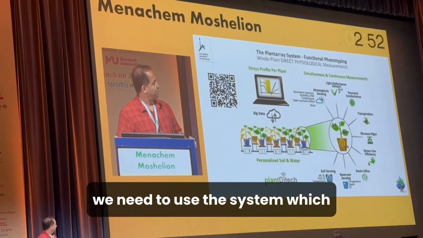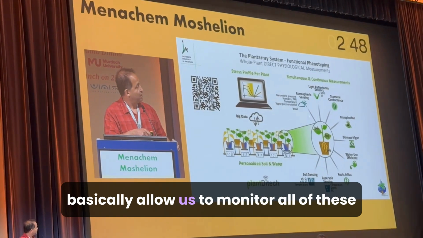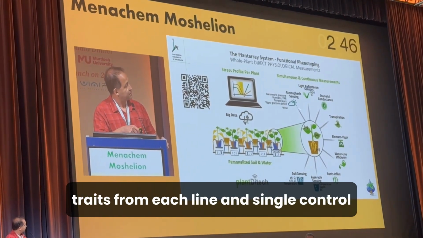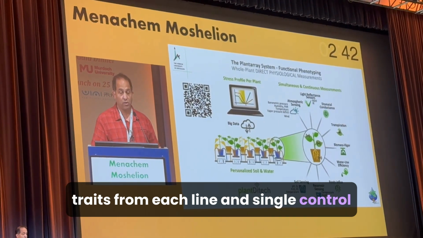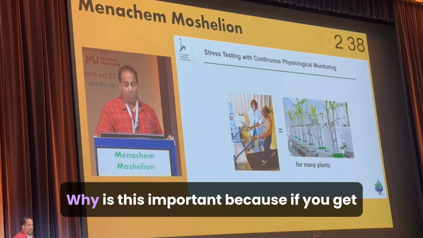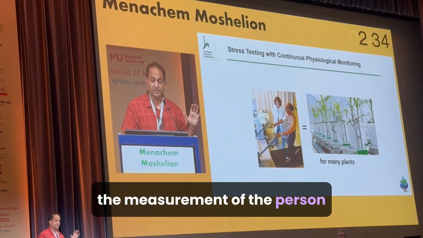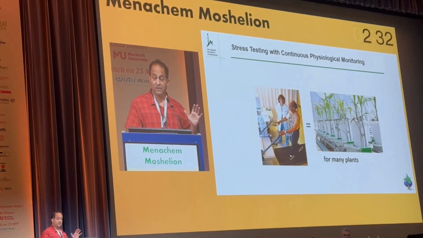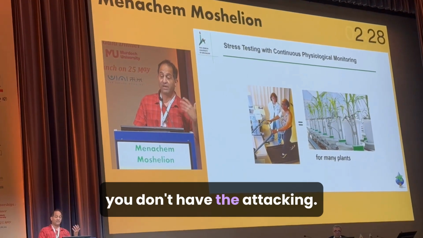What we did, we used the planetary system, which basically allowed us to monitor all of these traits for each line and simultaneously control the irrigation and nutrient treatment. Why is this important? Because if you take the physiological measurement of a person, it doesn't work as much for AI because you don't have the tagging.